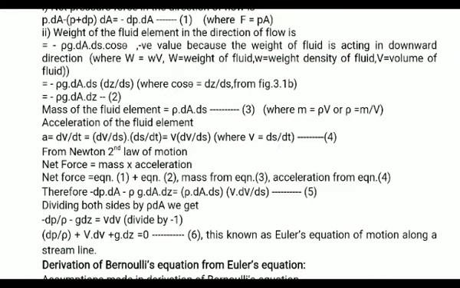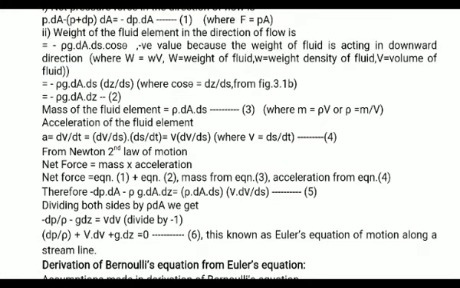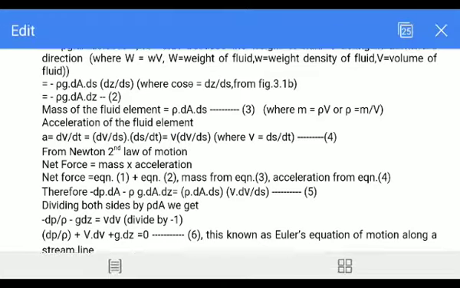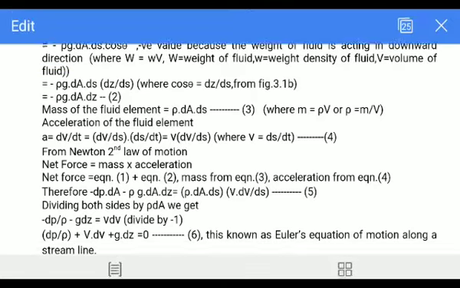But I can write it in terms of displacement, that is dv over ds into ds over dt. In place of ds over dt I can write v. So therefore I will get v into dv over ds. That is equation number 4 here.